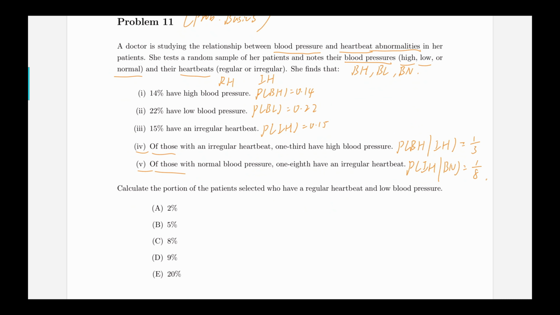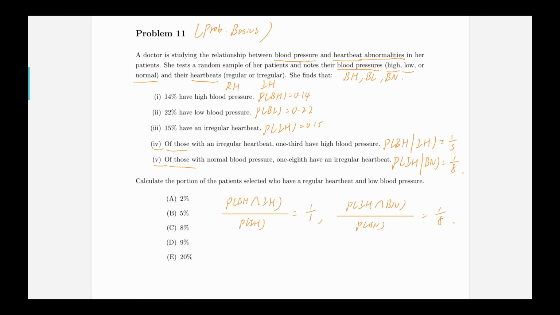The bottom will be just P of IH, and the numerator is P of BH and IH. This equals 1/3. And for P of BN, the numerator is P of IH and BN. This equals 1/8.